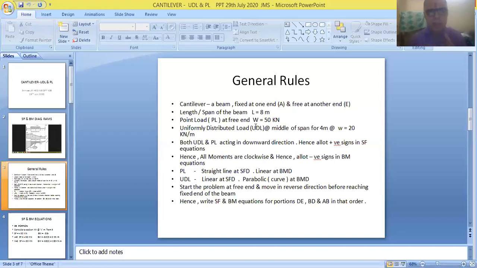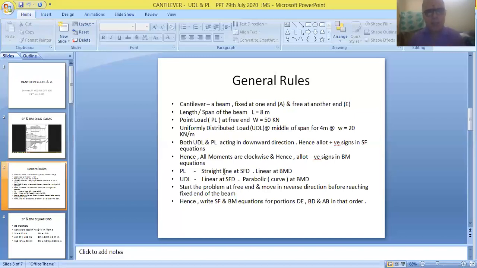The uniformly distributed load, that is UDL, is acting at the middle of the span for a distance of 4 meters at the rate of 20 kilonewton per meter. So small w is given as 20 kilonewton per meter.